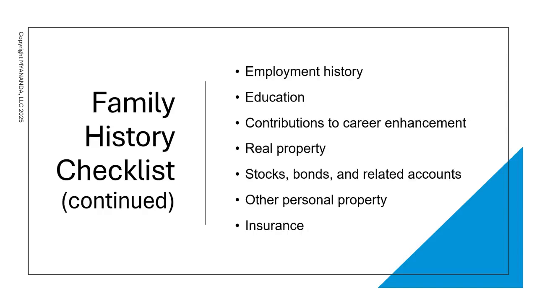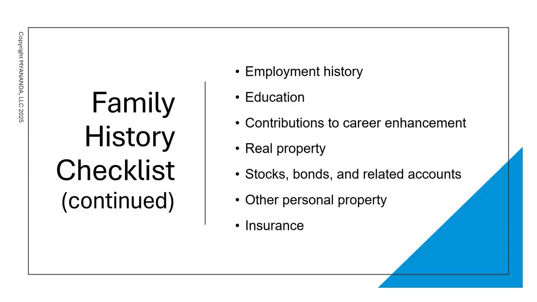Every bit of this, as I read it, I can see in the family law context, what we need to know. Education background: how did you contribute to the other spouse's career enhancement or education, and vice versa.